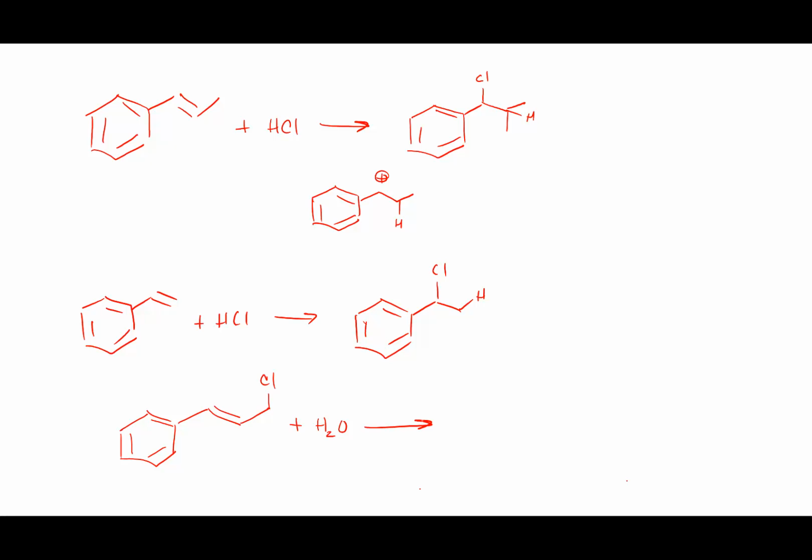I will not make due after we come back, but I may ask you to write the mechanism and the kinetic and thermodynamic products as the next take-home practice, or as the next graded practice problems. And our key things to think about are, when the double bond is conjugated with the ring, that's going to be more stable than not having it conjugated with the ring. I'm going to have to modify this. Having the carbocation on the benzylic position is more stable than having the carbocation not on the benzylic position, as long as it's not tertiary.